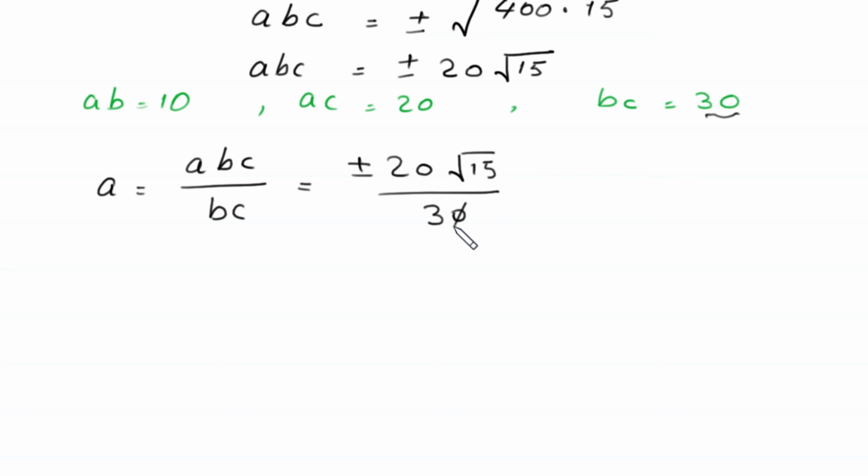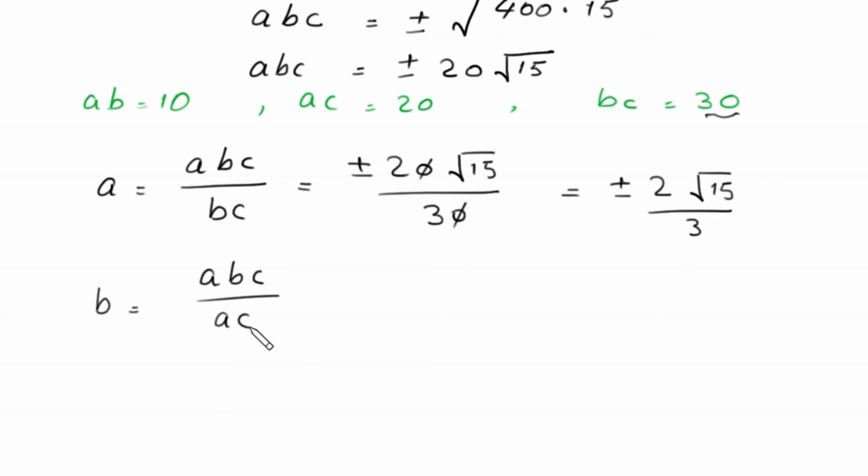So this 0 will be cancelled out with this 0, and we get the value of a is equal to plus minus 2 times root 15 divided by 3, and b is equal to abc divided by ac.